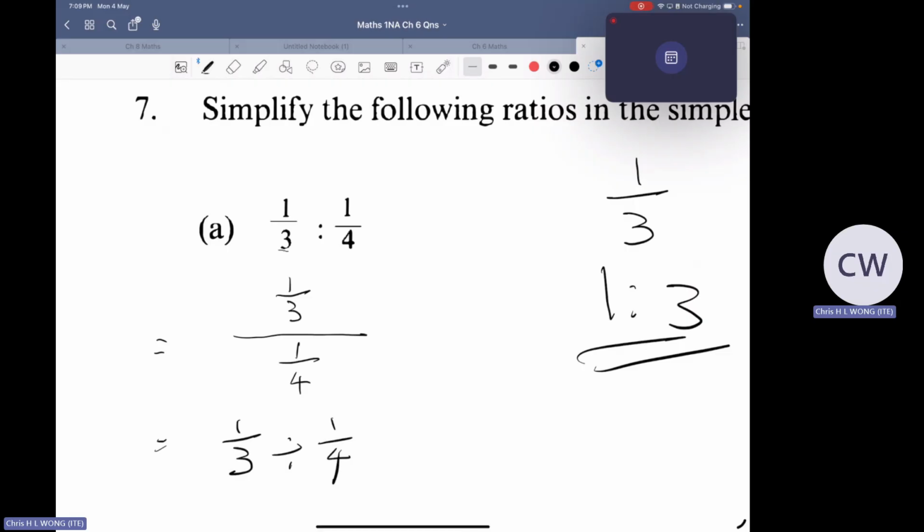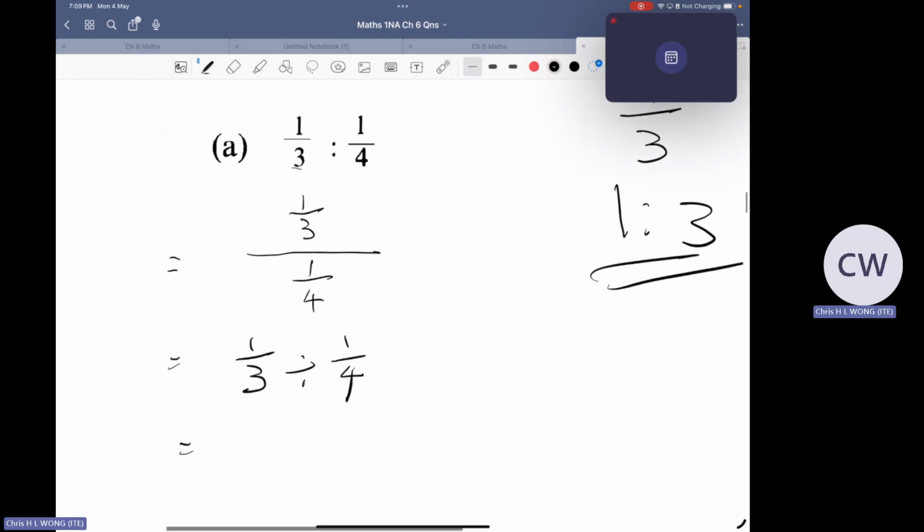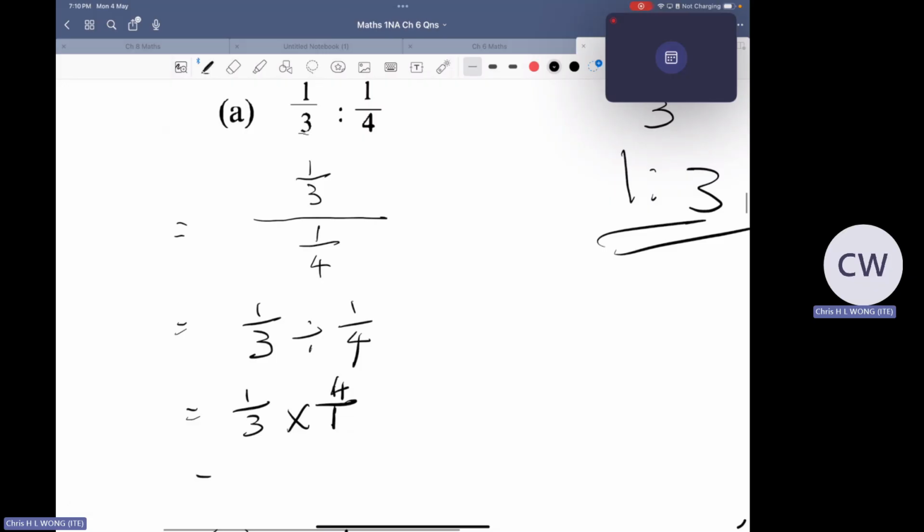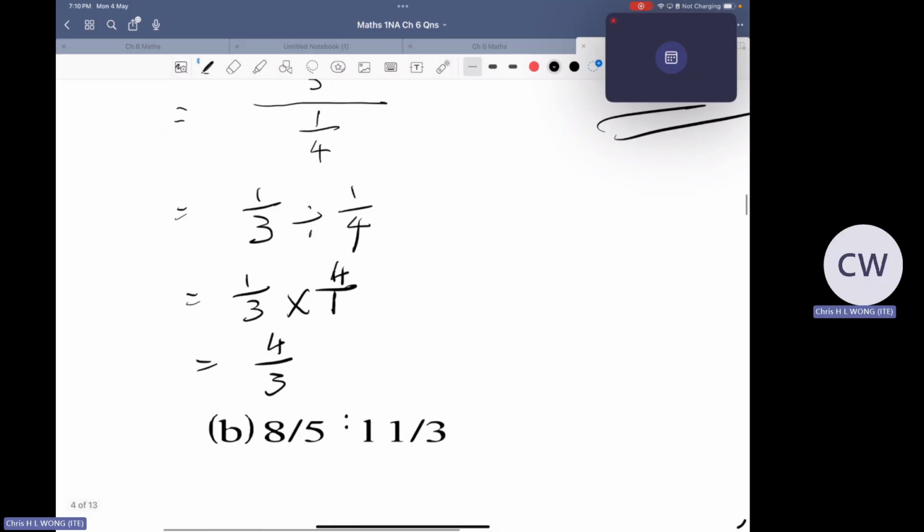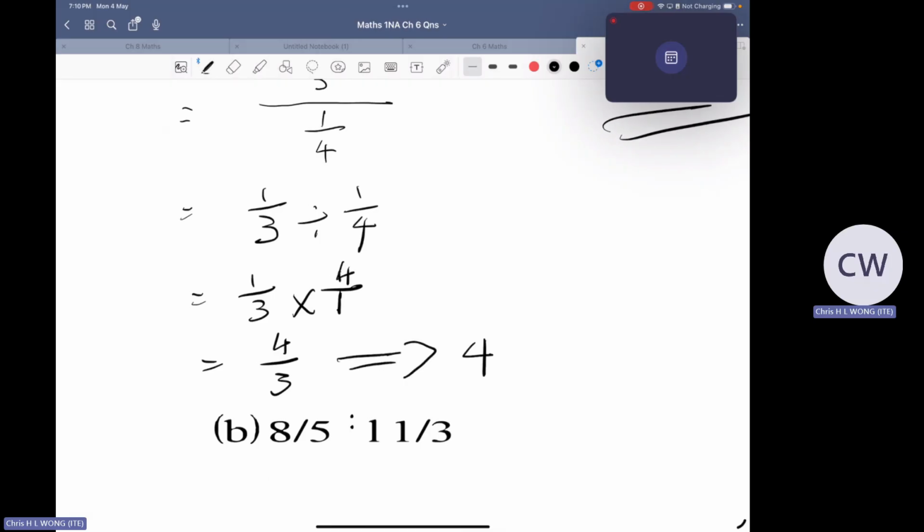You flip, right? Remember, you see divide, you flip. Equals 1/3 times 4 over 1. It equals 4 over 3. So the answer is 4 is to 3. That's the answer.